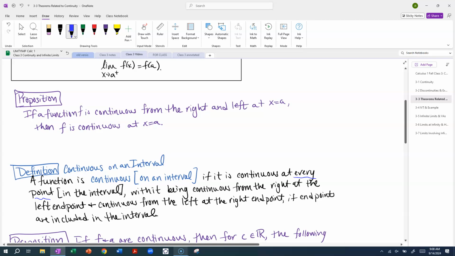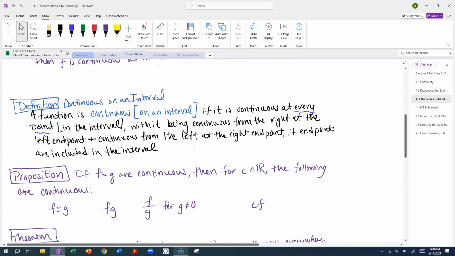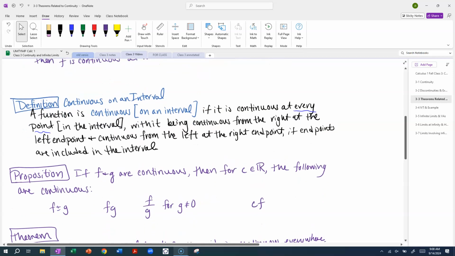Okay. And then if we talk about endpoints, it would be continuous from the right at the left endpoint, continuous from the left at the right endpoint, which might take you a moment to process, but a picture might help. Okay.